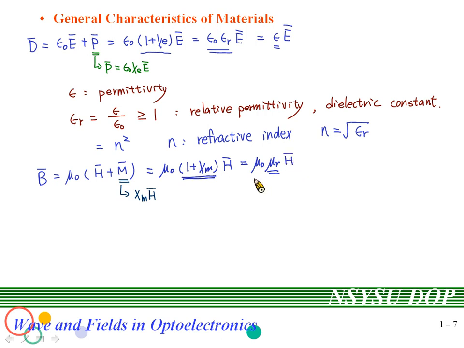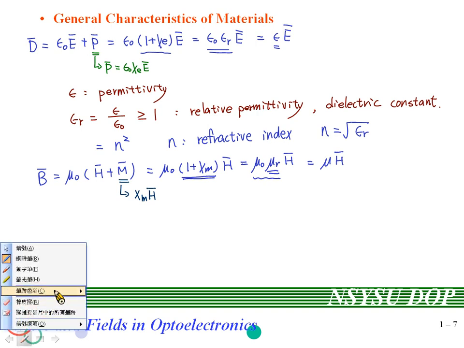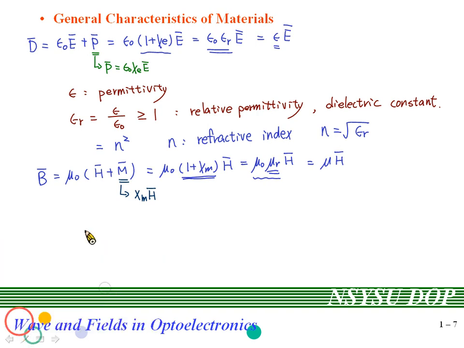These two can be combined as just mu here. So mu is the so-called permeability of the dielectric. And again, mu r here is the ratio between mu and mu 0, which is the so-called relative permeability.